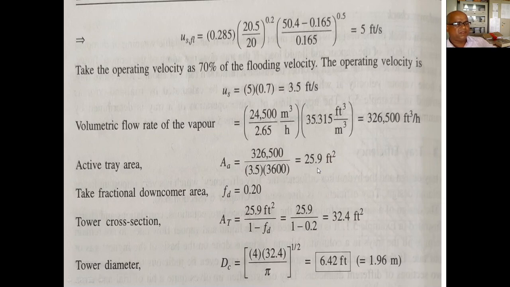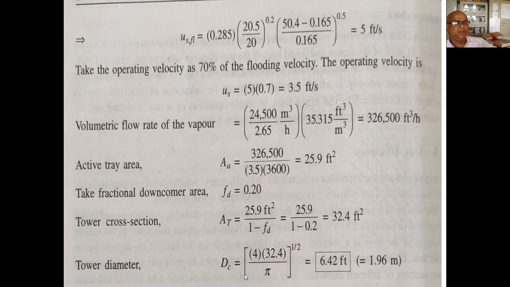Now this is the area, but in the total area you have to take some part for the downcomers, at around 20%. So 25.9 divided by 1 minus fd, where the fraction is 0.8, gives 42.4 feet square. So this is the area.